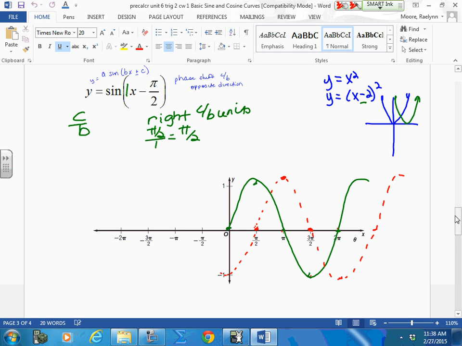Now, if you took your original sine curve and you moved your sine curve to the left 90 degrees, what would you get? Visualize it. Take your green curve and with your eyes move it 90 degrees to your left.